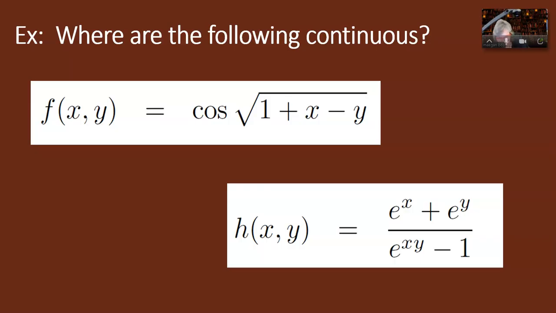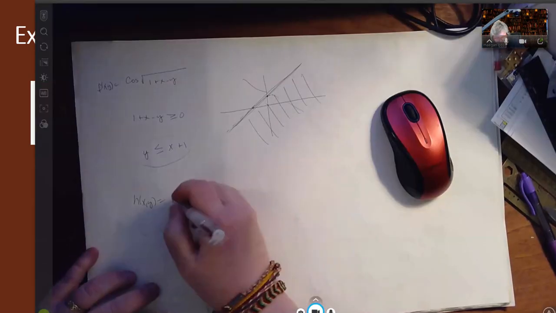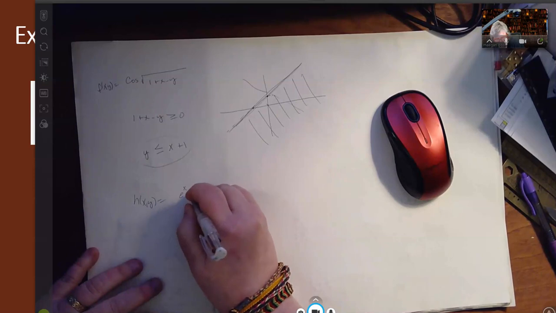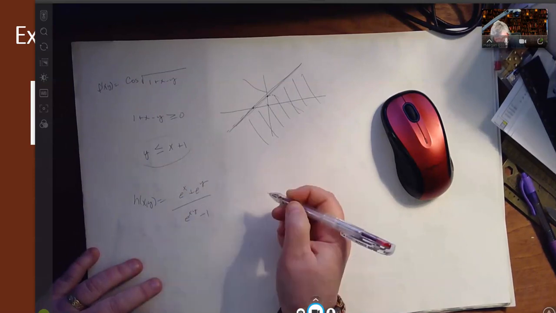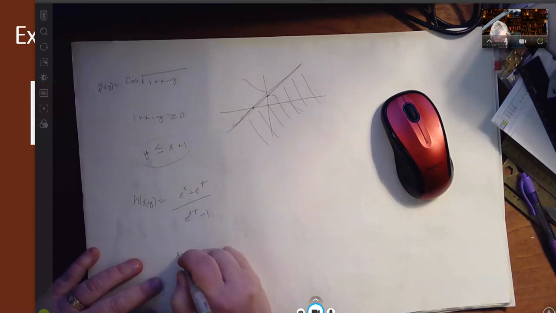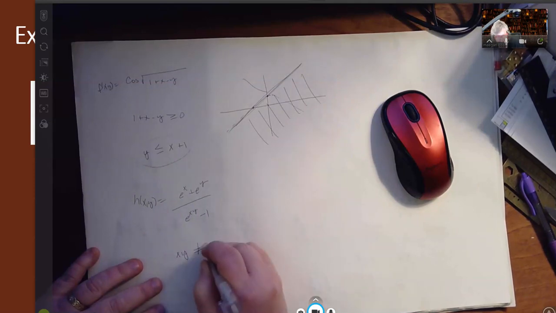Let's look at this one, h of xy. Looking at this, the only place that's bad is when we have 0 in the bottom. So when e to the x times y equals 1. Places we don't like, let's see, e to the x times y not equal 0.